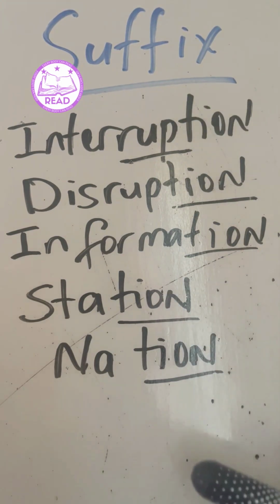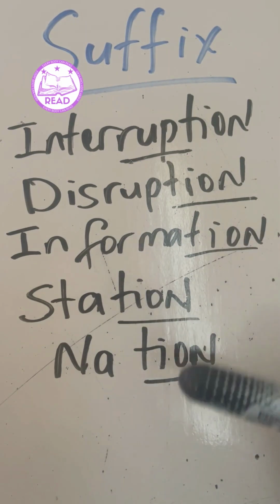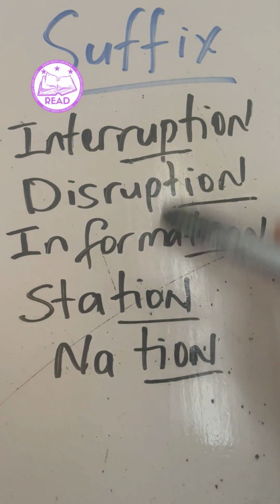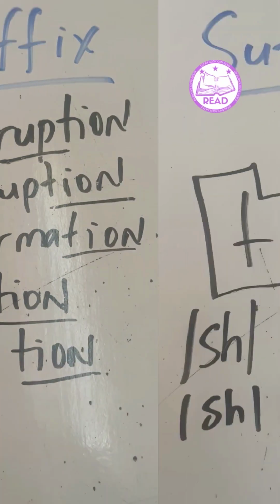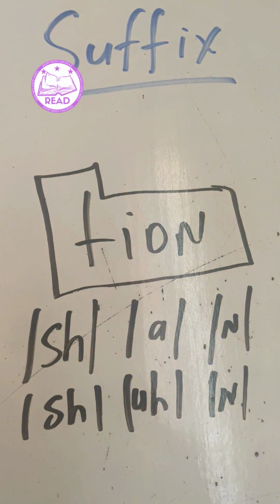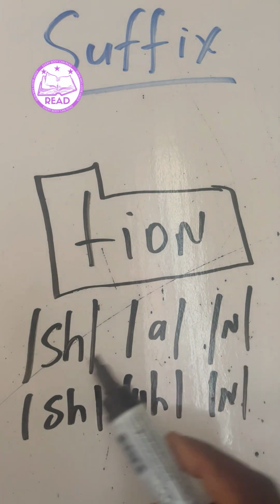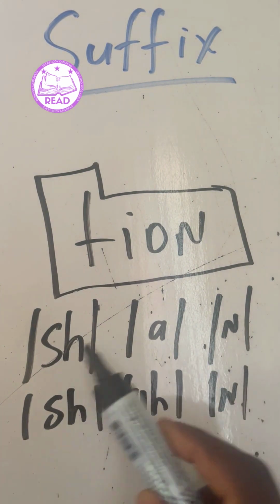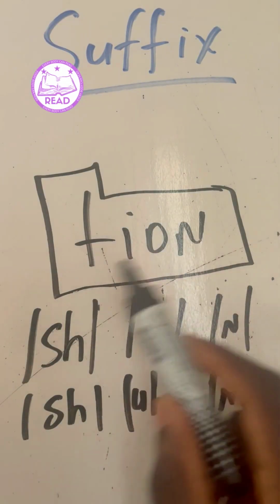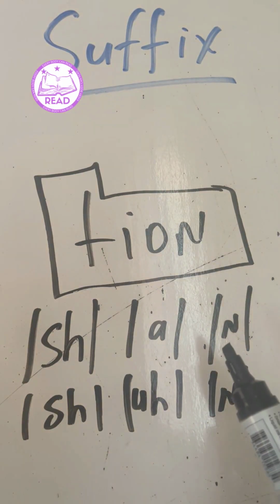I'm sure you know somebody named Shan or Chantel or Shanice or something with Shan, where you can already say, so this is shan. So this spelling, tion, phonetically says the same thing that this right here says. If you put these phonetically together, you will get what this says, but the spelling of it is tion.